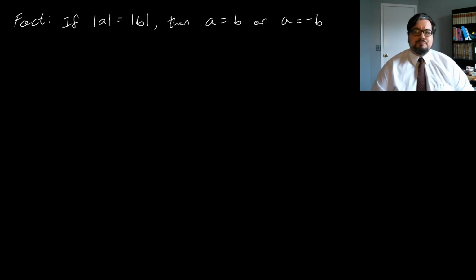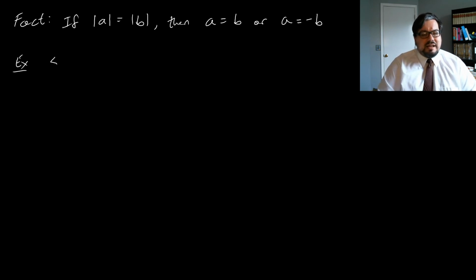So the fact that we want to use is that if the absolute value of A equals the absolute value of B, then A equals B or A equals -B. We don't have to consider all 4 possibilities, because when you do, then those possibilities have some repeats. So if the absolute value of A is the absolute value of B, the only possibilities are that A and B are actually equal, or they're opposites. That is to say, A equals -B.